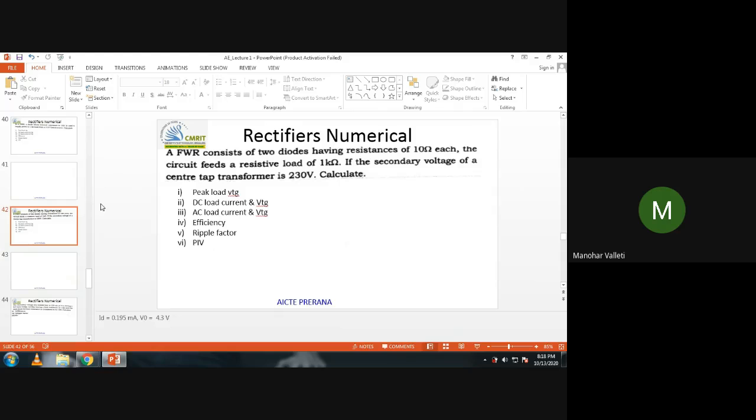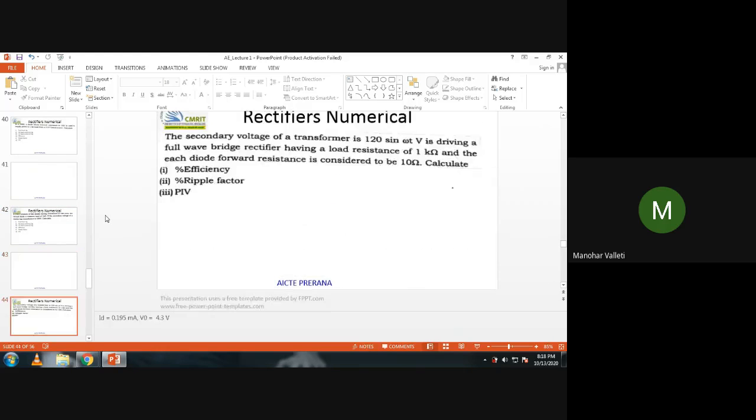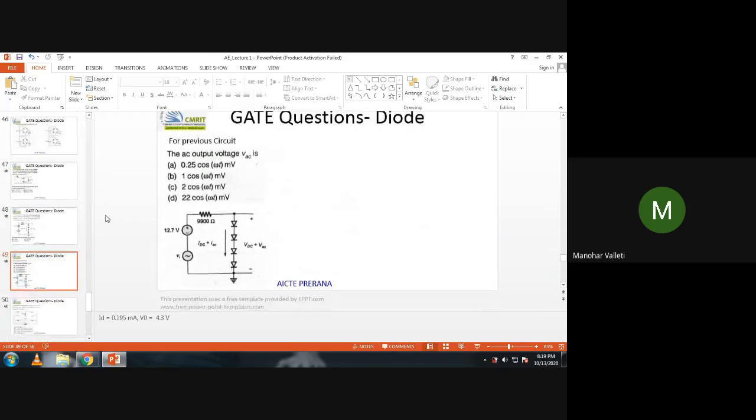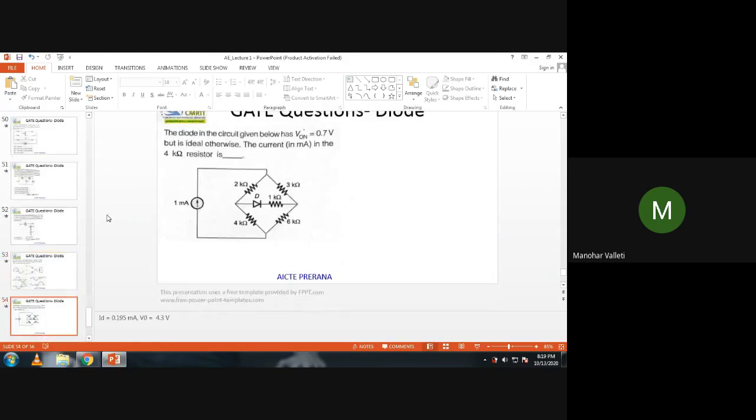But if an AC voltage is applied, then the equations become phasors. Then how do we get the output equation? To understand that, we have to know the mean value, mean square value, root mean square value, and so on. From that, we will come up with the final output equations. So we need to discuss the rectifiers in detail, and we will solve all these important GATE problems in the next class. Yes, sir.